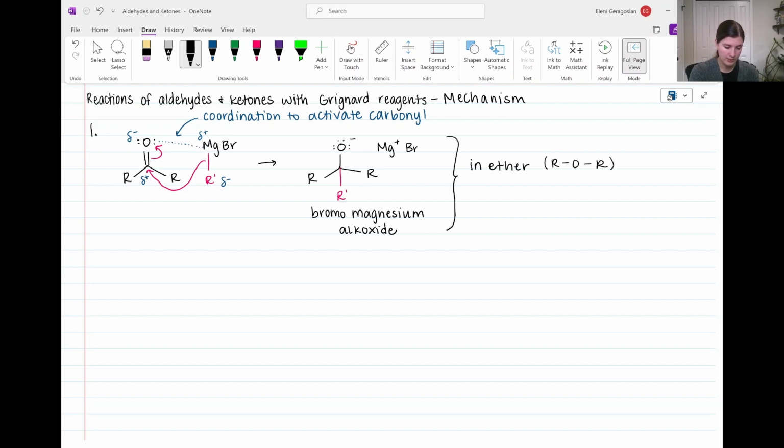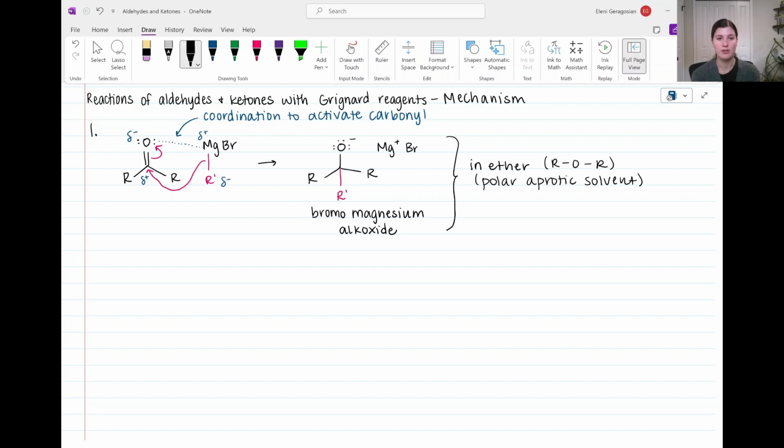So an oxygen bonded to two R groups, which is a polar aprotic solvent. So that means there are no acidic protons available to protonate that negative oxygen.